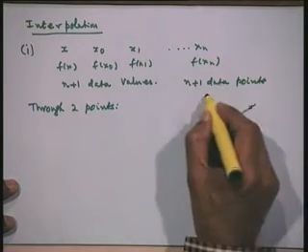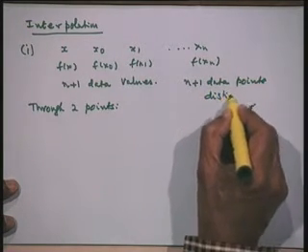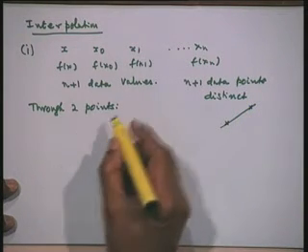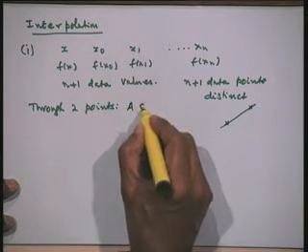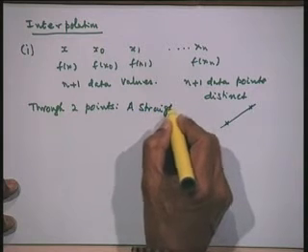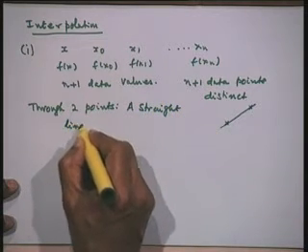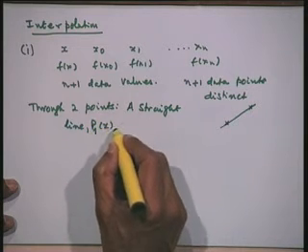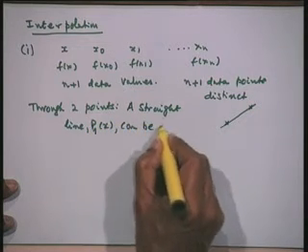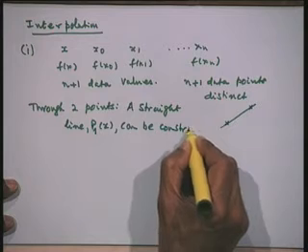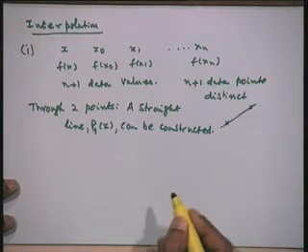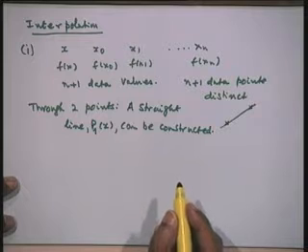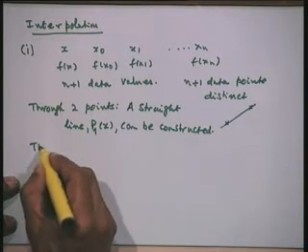These are n plus 1 data points, but let us make it clear they are all distinct points that we are considering. Through these 2 points, a straight line, let us call it P1(x), a polynomial of degree 1, can be constructed. Suppose now we have 3 points.